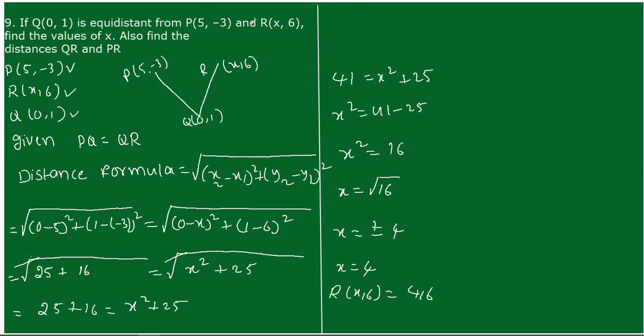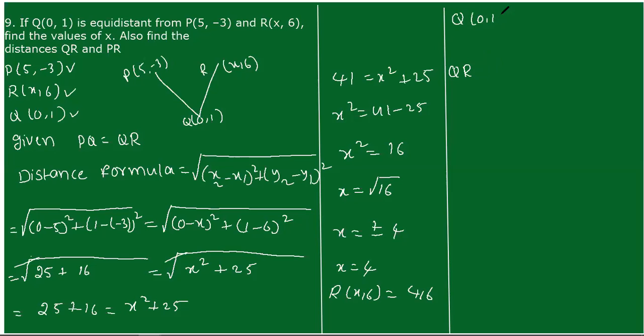Give me 1 second, I'll draw one small line over here. Now, first we find the QR distance. What are the points? The Q point is (0, 1) and R is (4, 6), which we just got. I'm writing points over here.